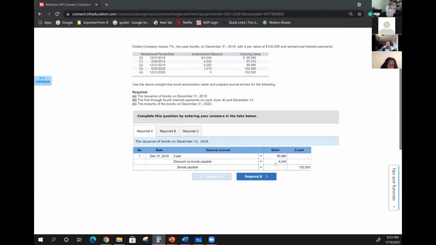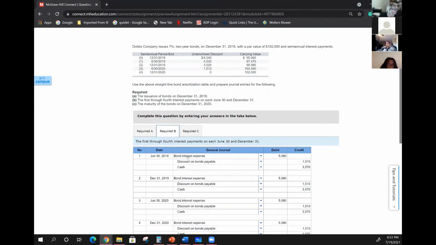I'm going to be reducing that and expensing it over time. So I'm going to do an entry each time I make a payment. So we're going to go through that. The first 4 interest payments are on each June 30th and December 31. All right, so on June 30th, we just calculated the 6,040.